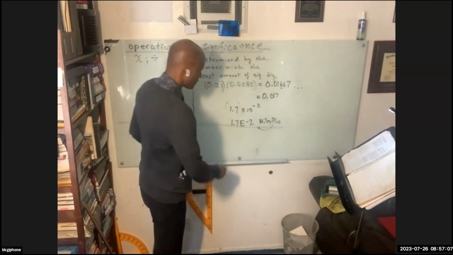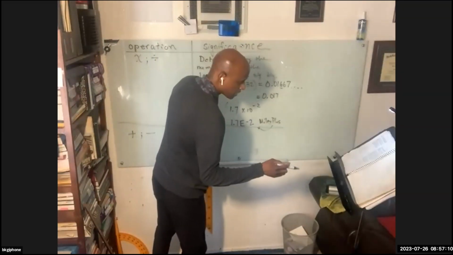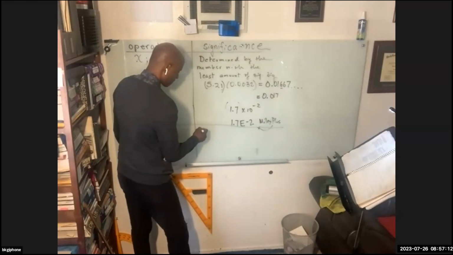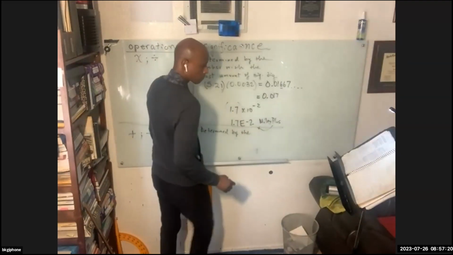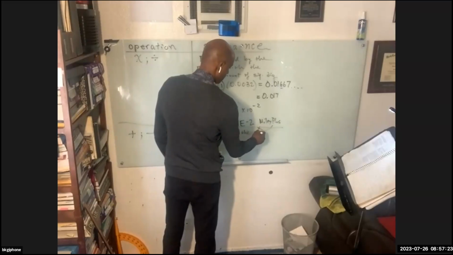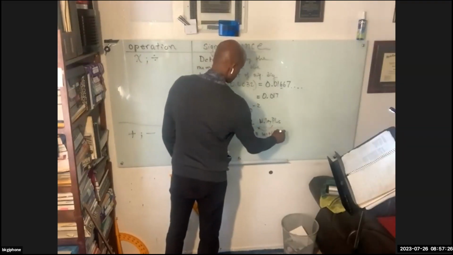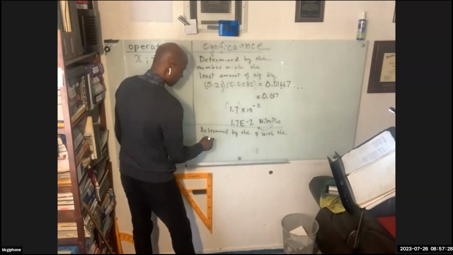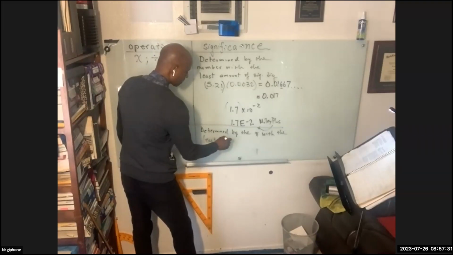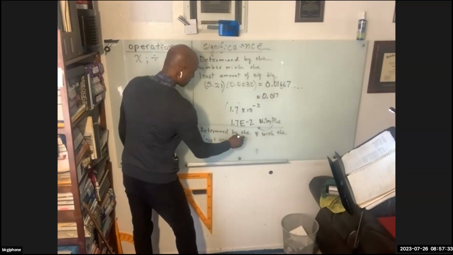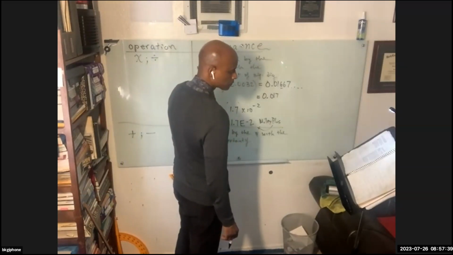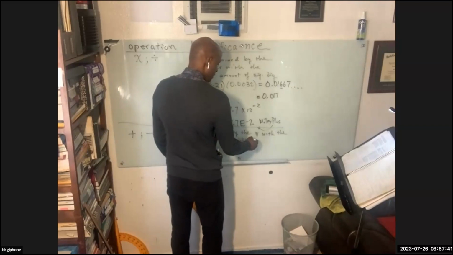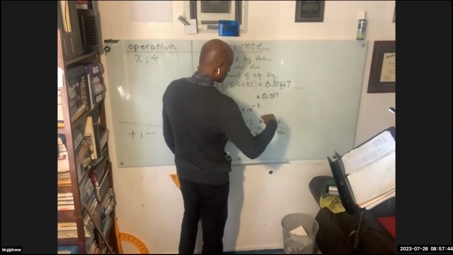So determined by the number with the least uncertainty. And I guess I'm determining uncertainty by the number of digits.